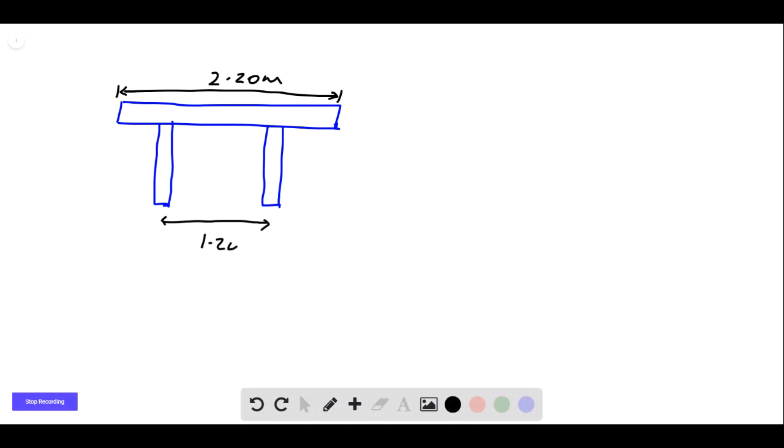So that just means that the weight of the table, which is acting right in the middle, is mg. I'm just going to call it mtg, mass of table times g.